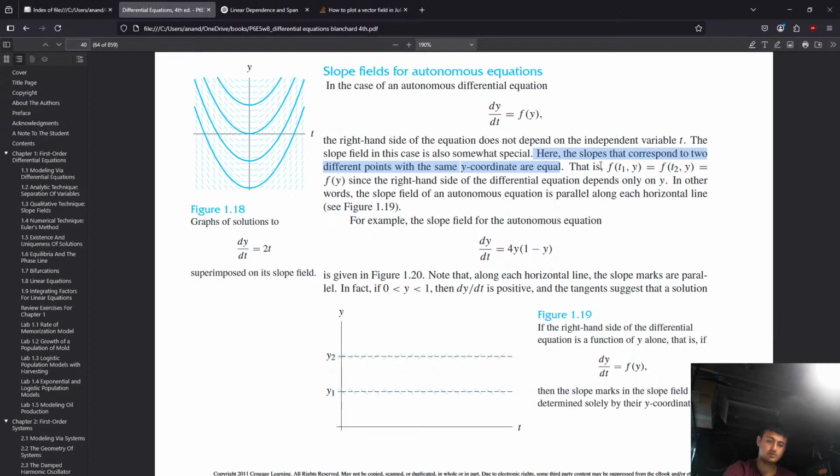Slope or derivative will be the same. Okay, cool.